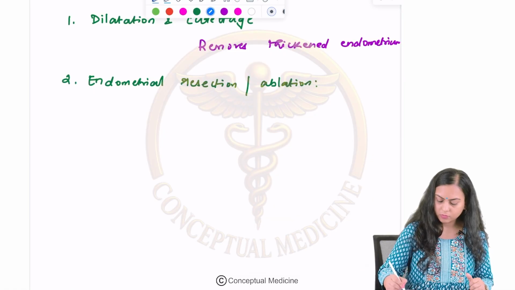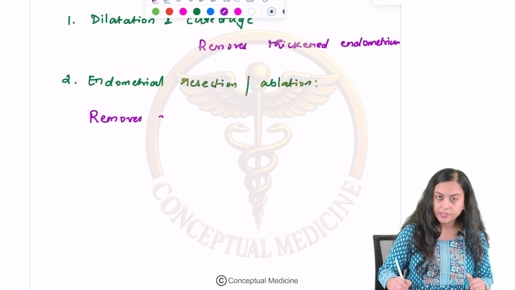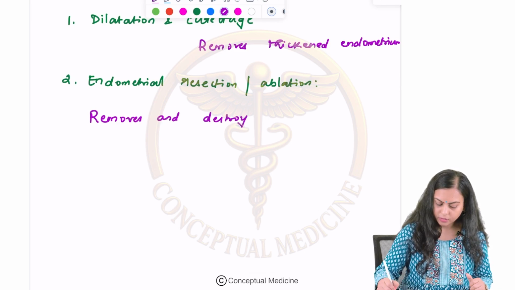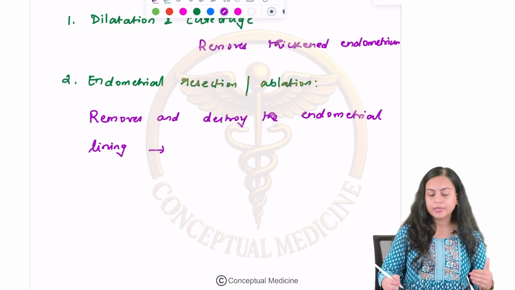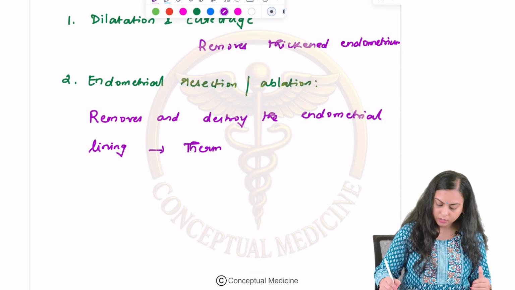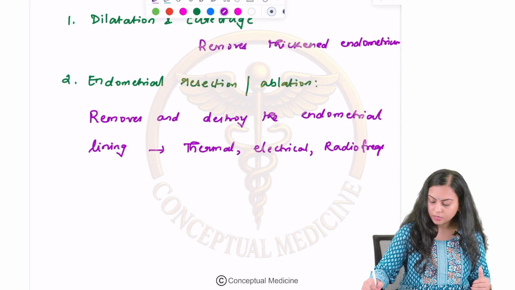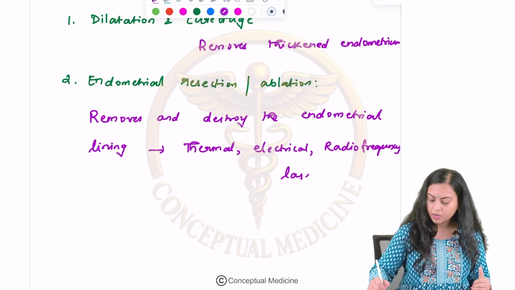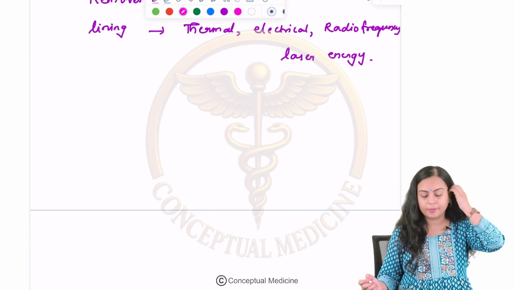So that removes and destroys the endometrial lining permanently by using either thermal, electrical, radio frequency or laser energy.